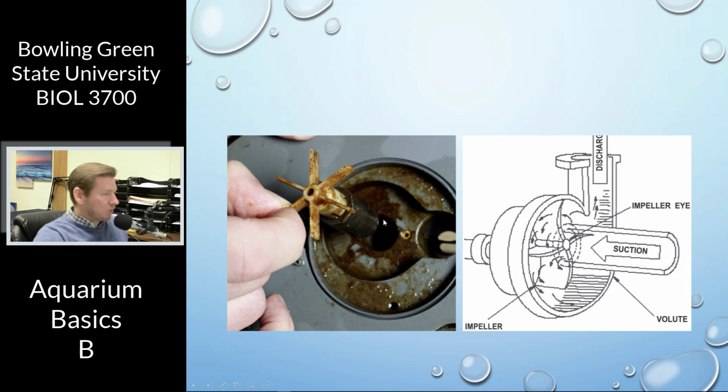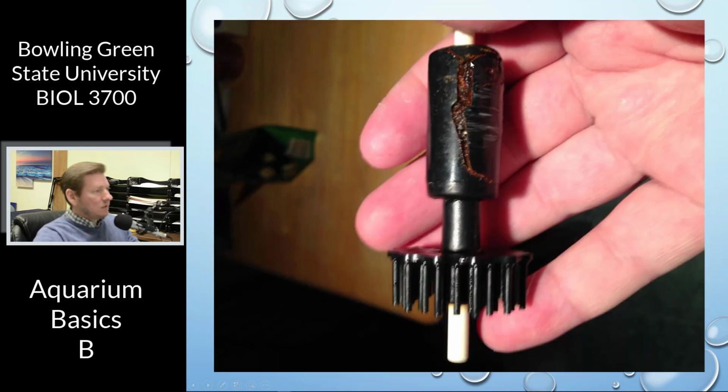If it's really bad, it'll freeze up inside here and you won't be able to get it out. If you can get it out, you might be able to just take pliers and pull this out. You can just replace the impeller and you're back in business. But sometimes I've seen them freeze up in here and you can't use it anymore. You have to throw the whole pump away. So you can see it was run dry. It expanded and cracked.